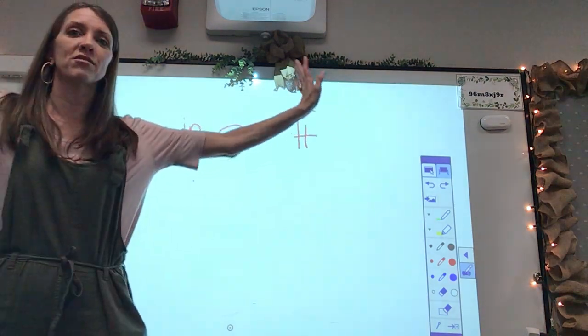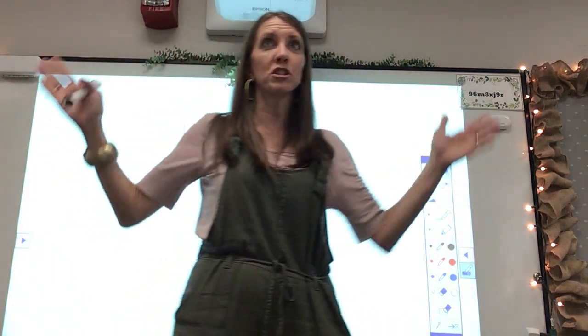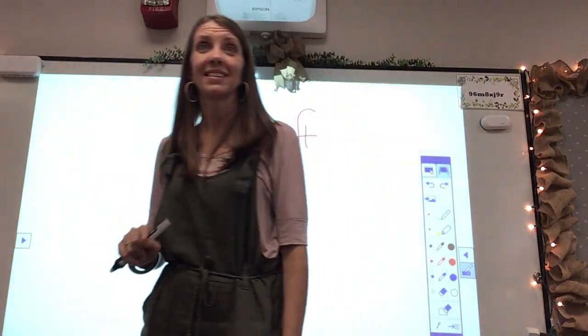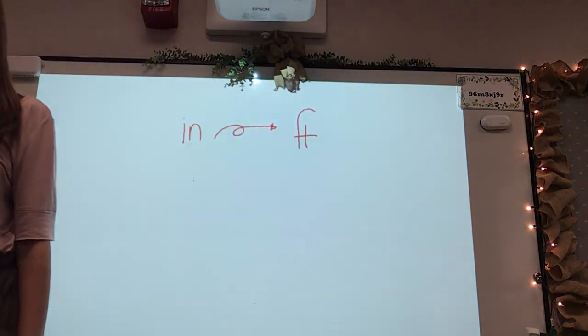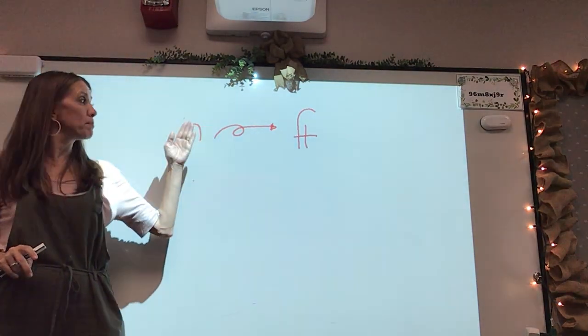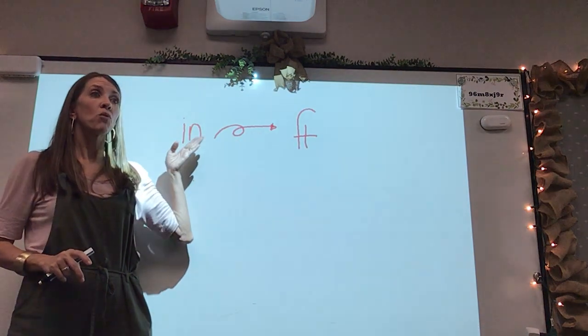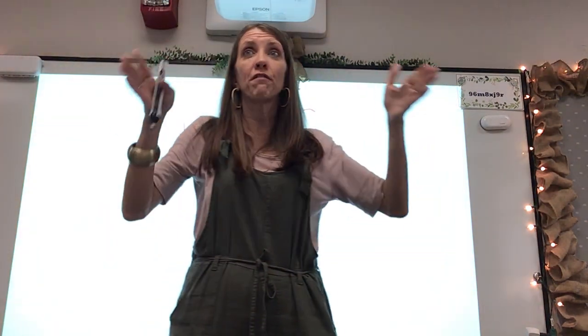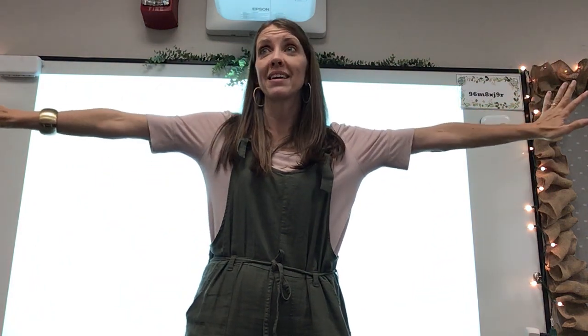Don't say, just hold your hands either like this or like this. Do the motions, big to small, multiply, or small to big. What are you going from? What to what? Okay, we got mixed reviews. We got some of both. So, inches to feet. Are we going from big to small? Small to big. We're going from small to big. So watch. Inches to feet, small to big, divide.